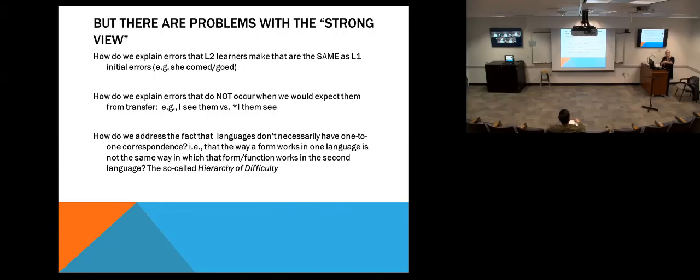So you would expect French learners of English to say, I, them, see, right? Which we've marked here with a star, which is how we mark ungrammatical structures, okay, with this little star. But in fact, French learners don't say I, them, see. They seem to very easily learn that it is I see them. Okay, this does not seem to be a problem.